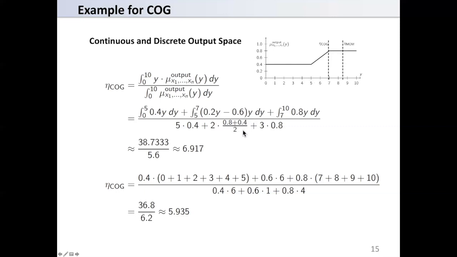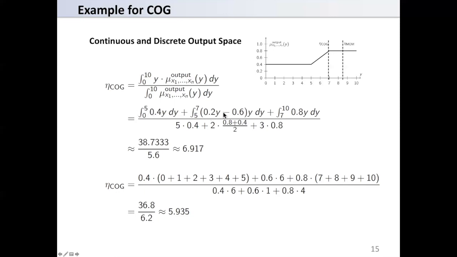We add them up, divide by 2, and this is multiplied by 2, which is the length of the region. So this is the area of the trapezoid. And for the last region from 7 to 10, the length is 3, the value is 0.8. So it is the area of this region. The denominator is the area here.